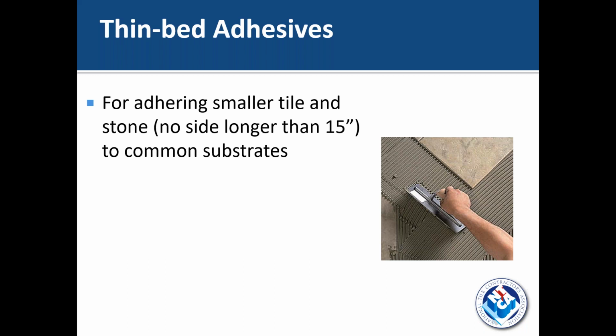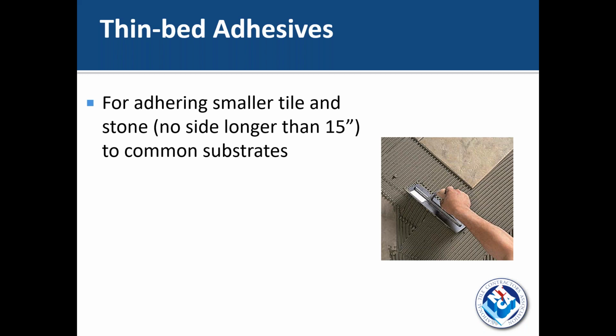So next, I want to talk about thin bed adhesives versus large and heavy tile adhesives. Thin bed adhesives are really the older products primarily. These are for tiles that are basically anything that is not defined as a large and heavy tile, so tiles that have no side longer than 15 inches, for example.